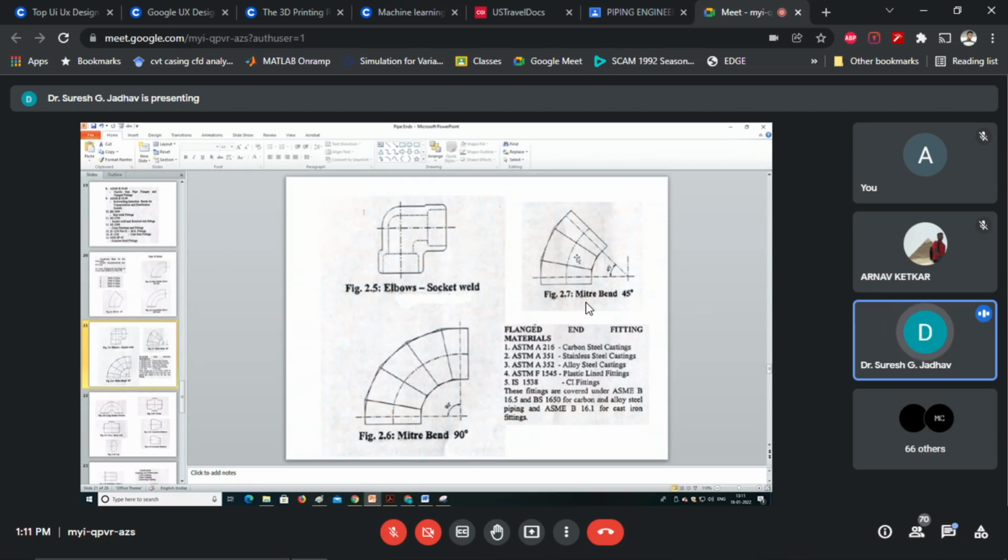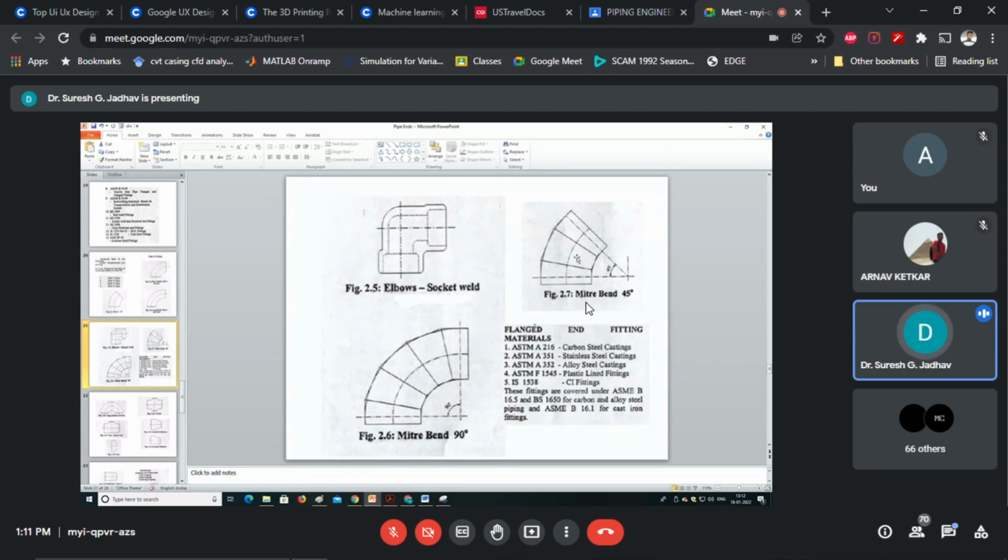And what kind of materials are available for flange and fitting materials? As per ASTM A216 carbon steel castings and ASTM A351 stainless steel castings.